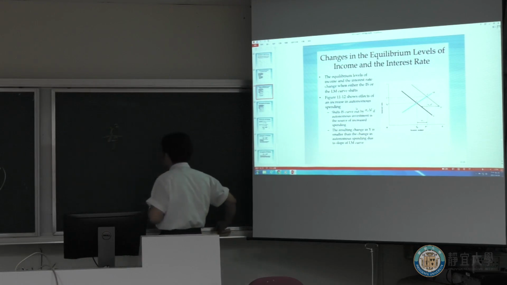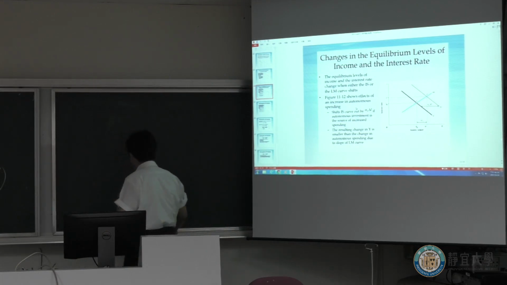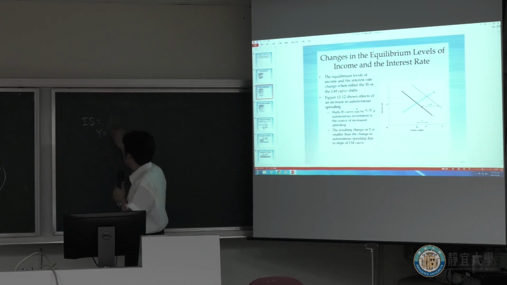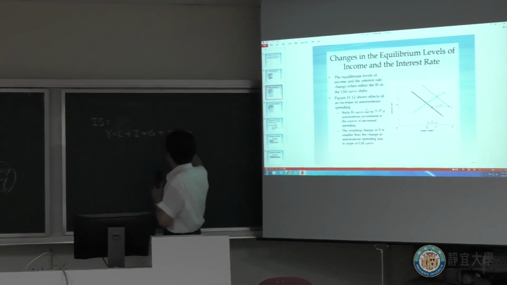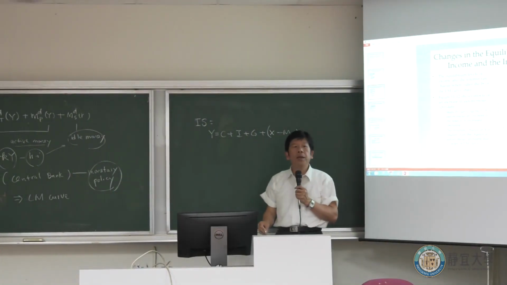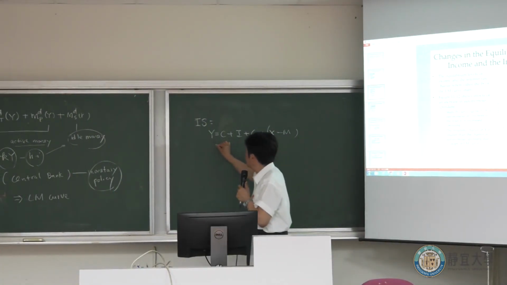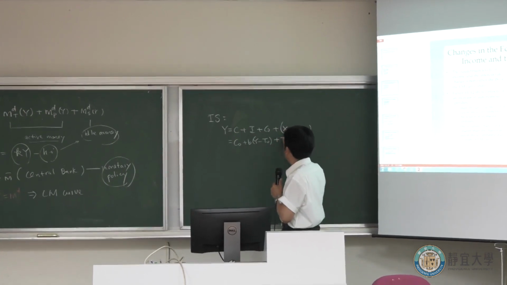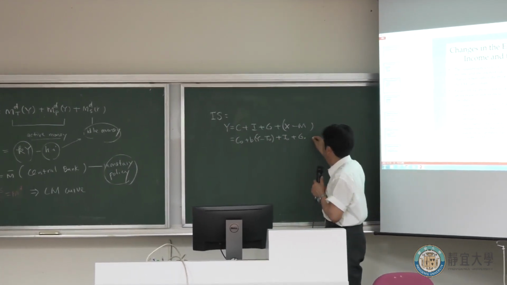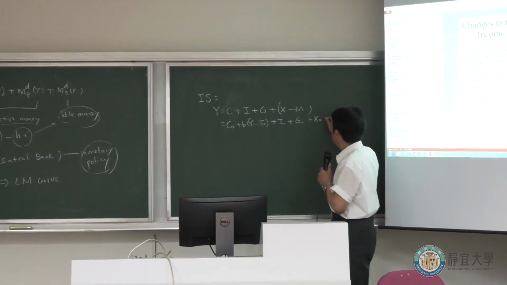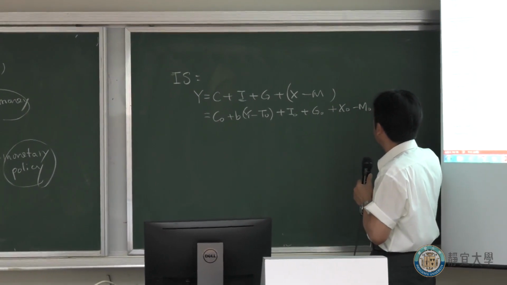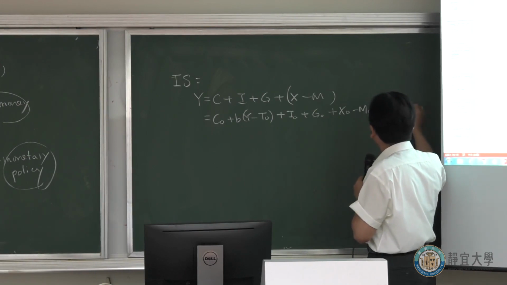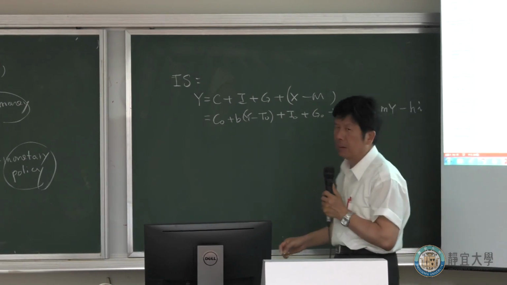Okay, so here is the IS curve. The IS curve represents Y equals C plus I plus G plus X minus N. Autonomous spending is represented by C0, I0, G0, and maybe X0, N0, and T0, and we also have the small y terms.